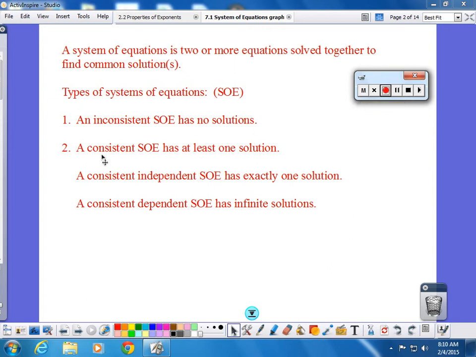Number two, a consistent system of equations has, as it says here, at least one solution. What does at least mean? It could have one or it could have more than that. So what if it has exactly one solution? It is a consistent, independent system of equations. Draw two lines that would share exactly one common solution.